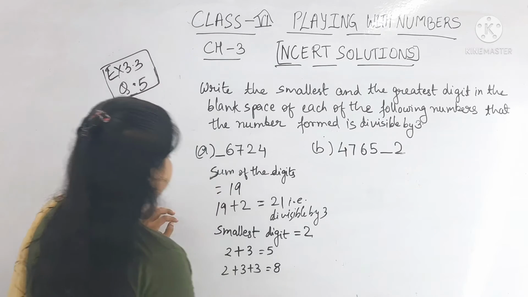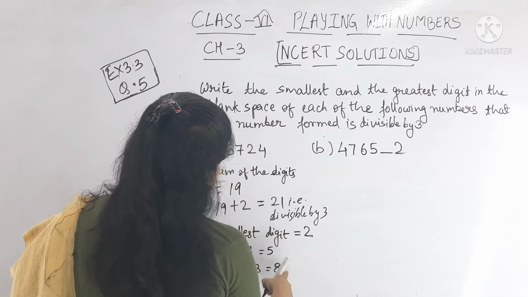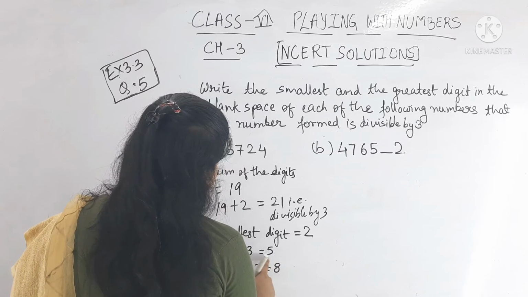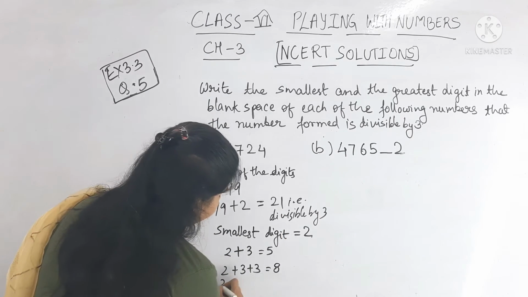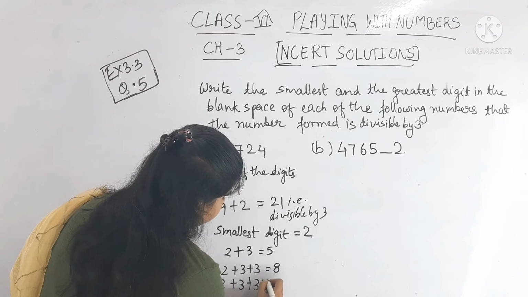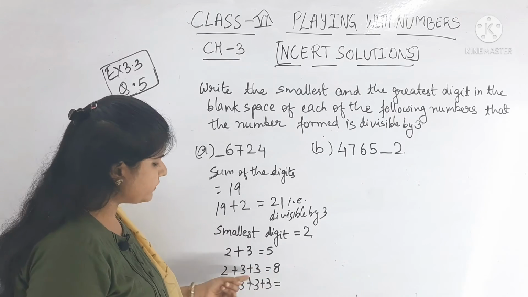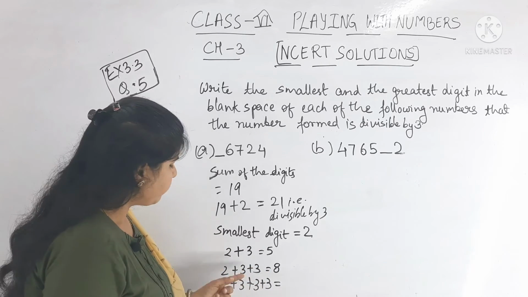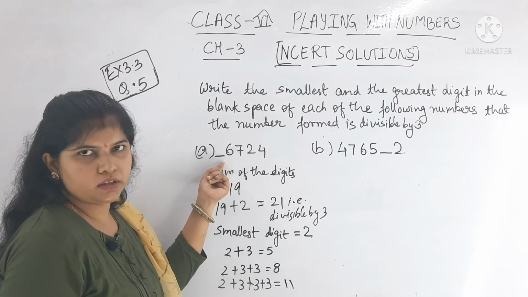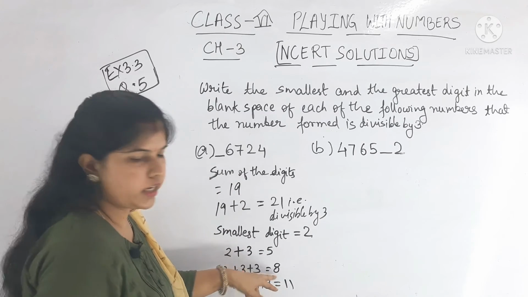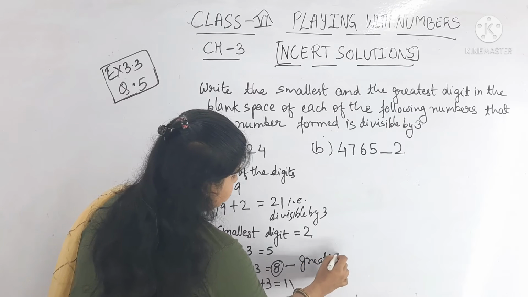So 19 plus 5 is 24. Here if I add one more 3 to this, because we have to check for the divisibility by 3, I am adding 3, that is divisible by 3, right? So I am getting here 11. So a 2-digit number will not come here. So the greatest digit is 8.